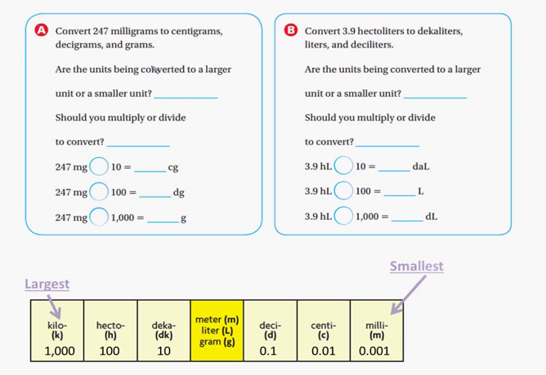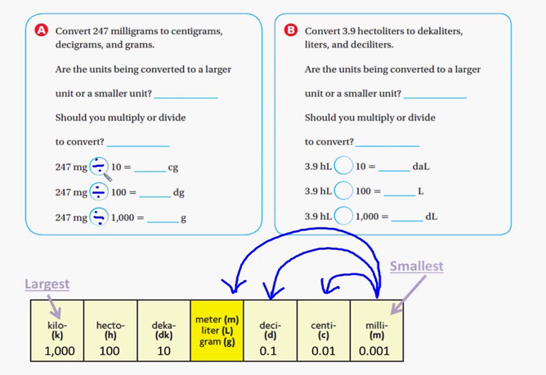So this problem says convert 247 milligrams to centigrams, decigrams, and grams. So I have milligrams going to centigrams, milligrams going to decigrams, and milligrams going to grams. And in all 3 of these, I'm going from small to big, so I divide.